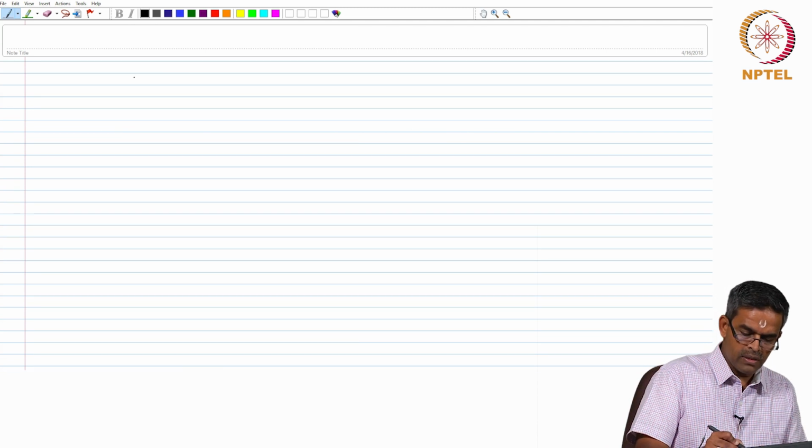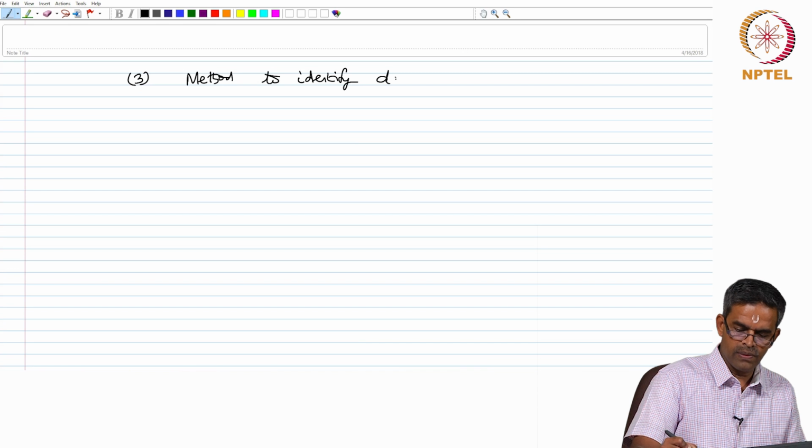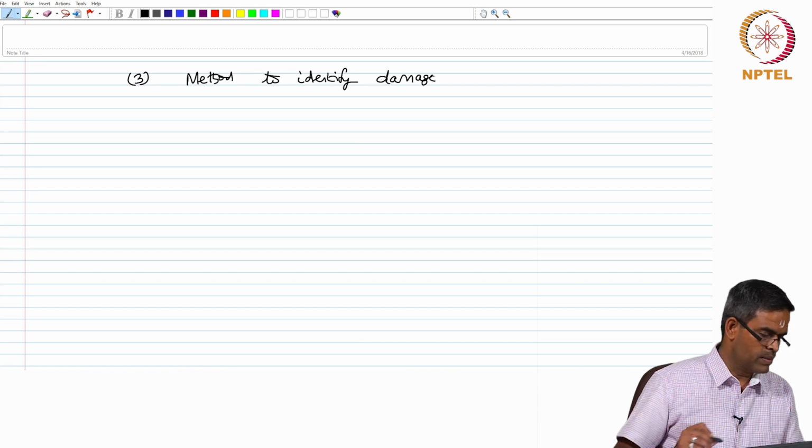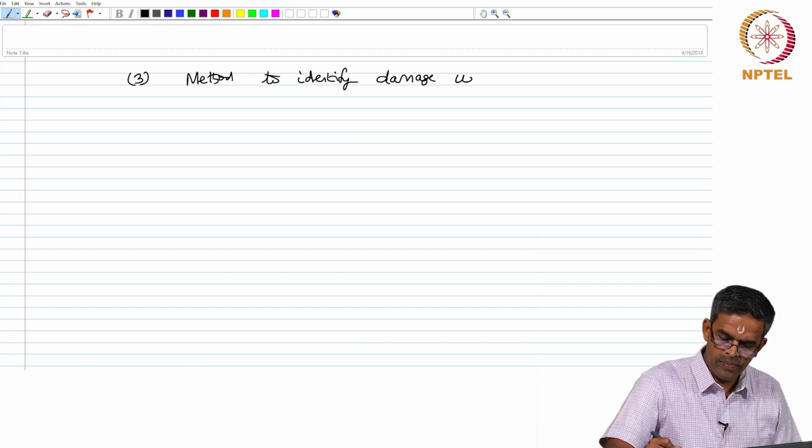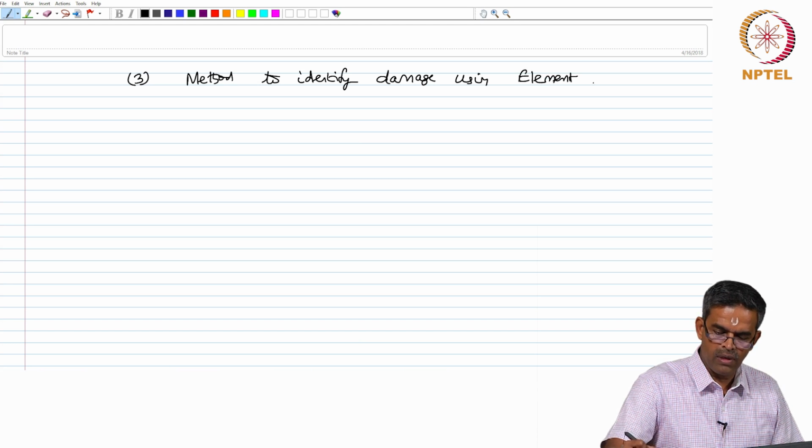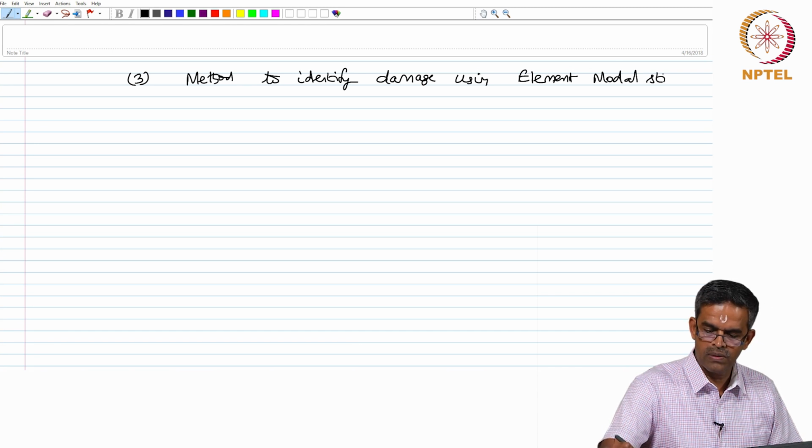Let us see the third method. Method to identify damage using element modal stiffness.